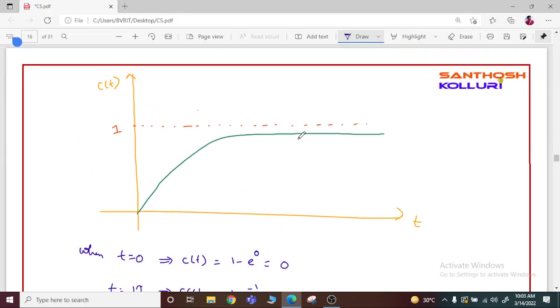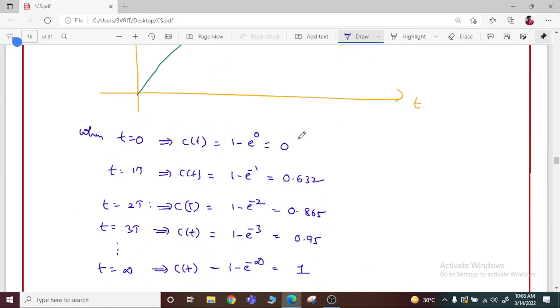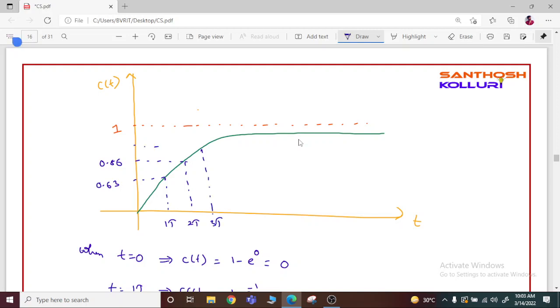Practically, the response reaches only up to here. So this is 1T, the value is 0.63. This is 2T, the value is here 0.86. This is 3T, the value is here 0.98, and this is infinity, so somewhere it will be reaching 1.